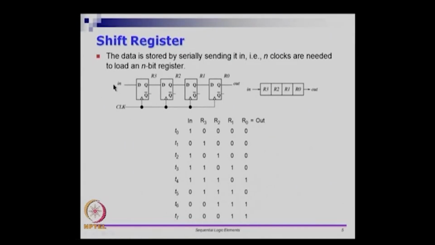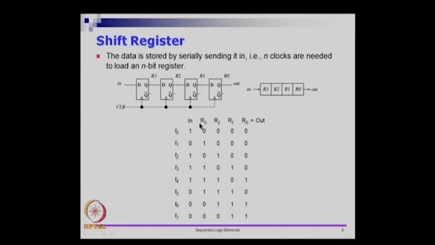So you have an input bit that is coming into D, then you have Q, the Q of that is going in as D for R2 and so on. So pictorially it is usually represented in this form. So you have a single bit coming in from the left hand side and a single bit that will go out to the right hand side, and we call this the shift register because it shifts bits one at a time.